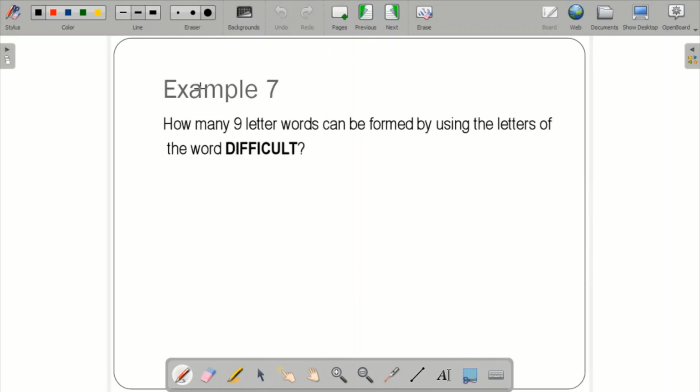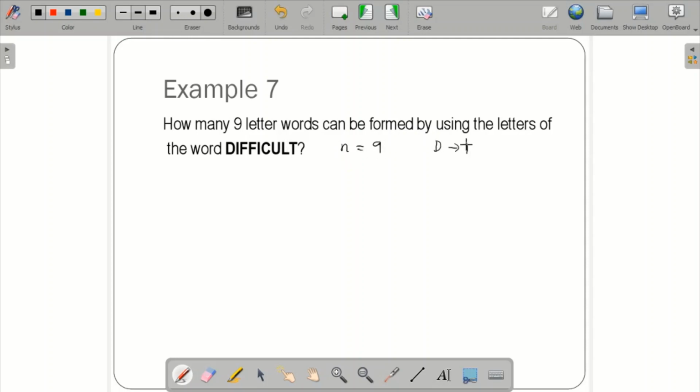Similar problem: how many 9-letter words can be formed by using the letters of the word difficult? We have to check whether it is a 9-letter word: 1, 2, 3, 4, 5, 6, 7, 8, 9. So n is equal to 9. How many D is there?